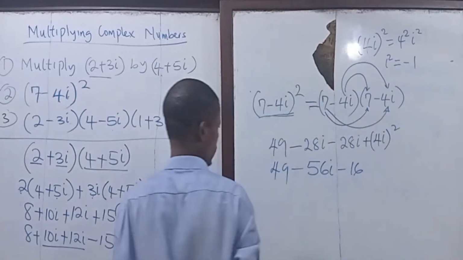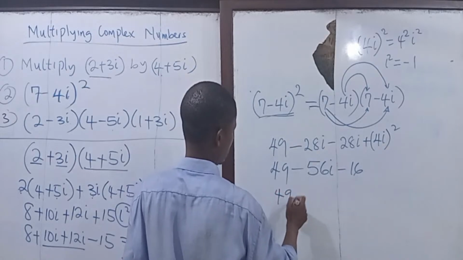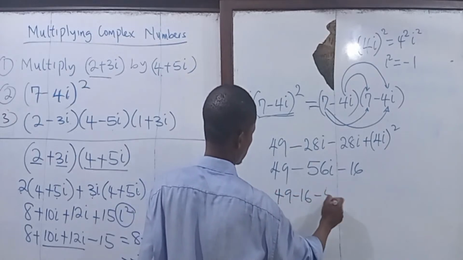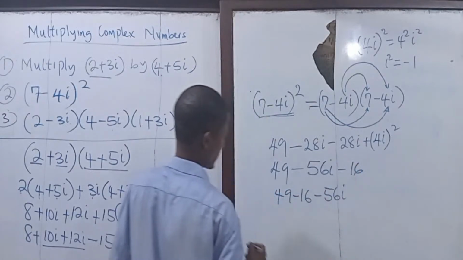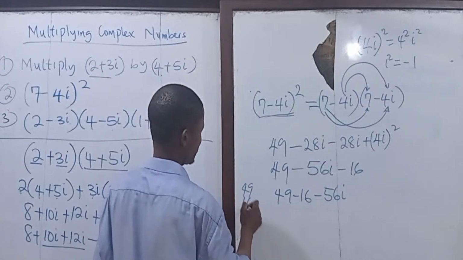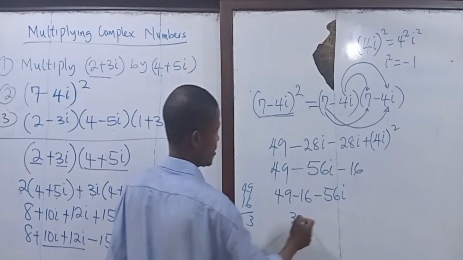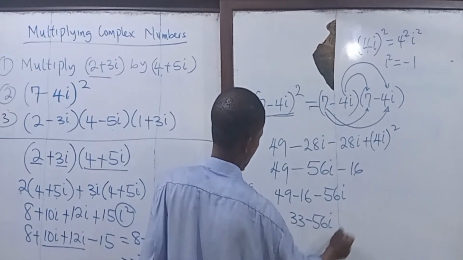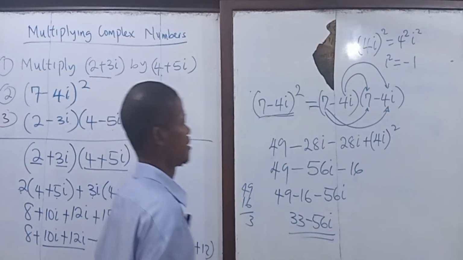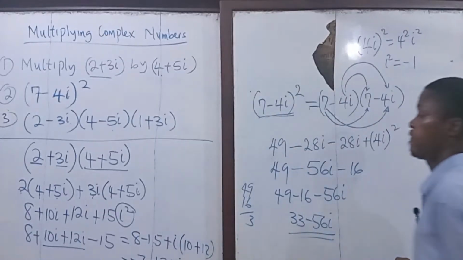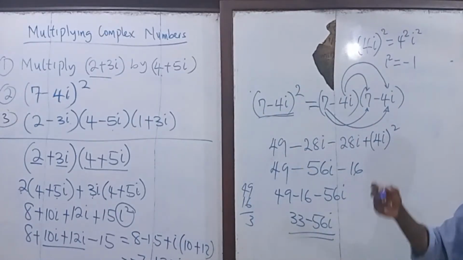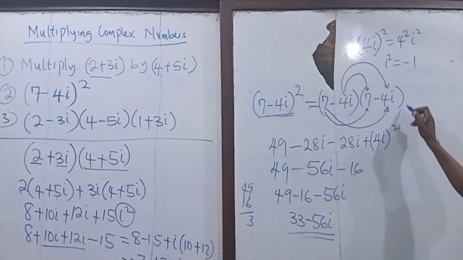So we now have 49 minus 16 minus 56i. So 49 minus 16, that's 33, minus 56i. And that finishes that.